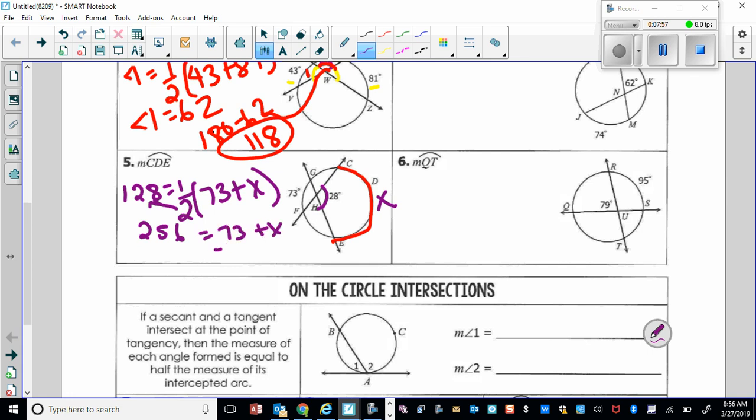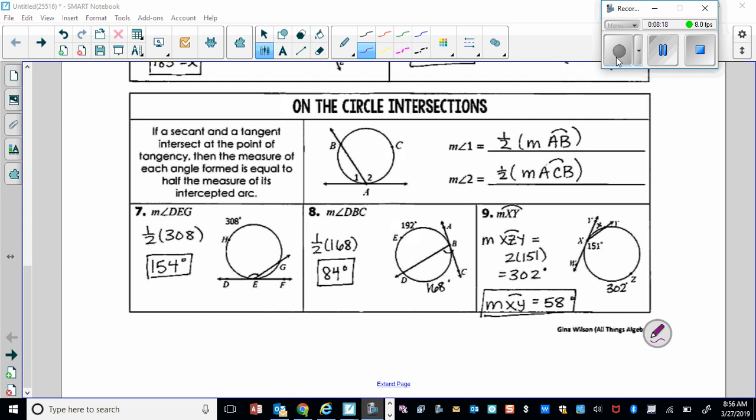So I have to do minus 73 on both sides, and I found x to be 183. All right, that's what we have to do. We'll do the even numbers in class.